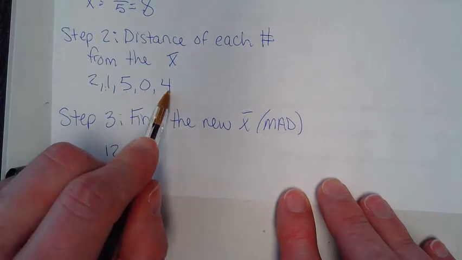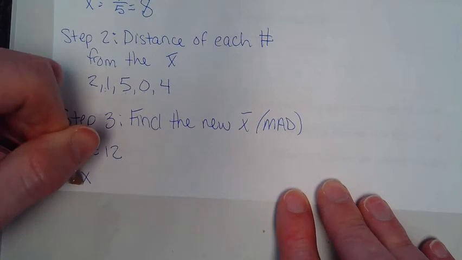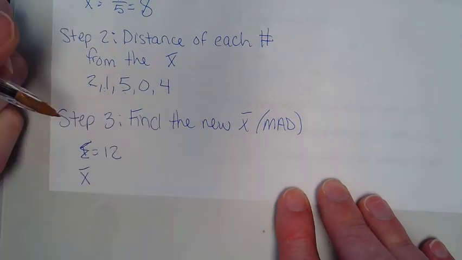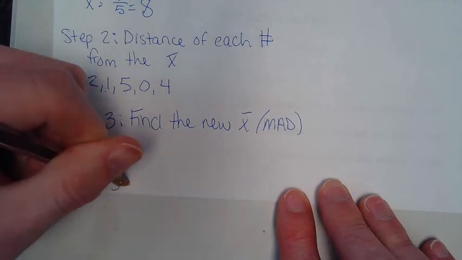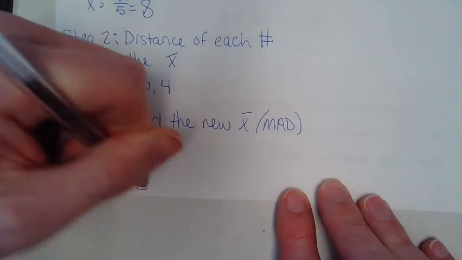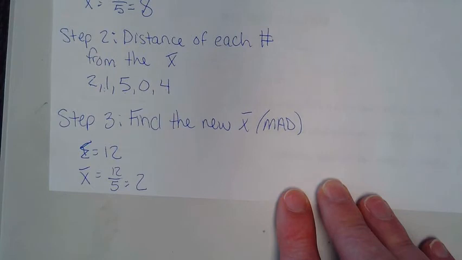So our sum was 12. So our new mean is 12 divided by 5, which is 2 and 2/5, which is 2.4. Any questions on how I did the MAD?